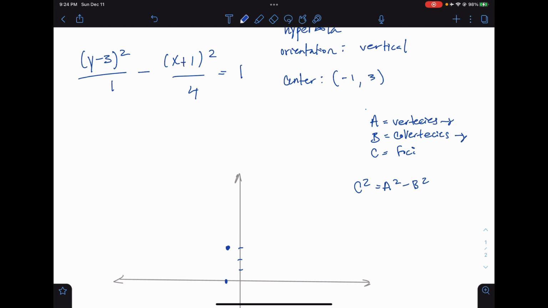But since we only need these to graph, we'll just focus on those. So the vertices are going to be the points on the line where the graph touches that are closest to the center.